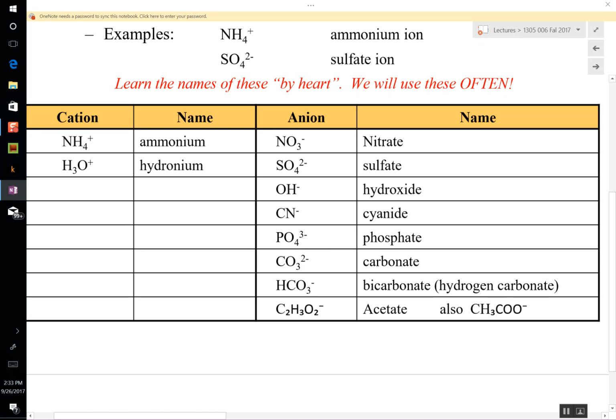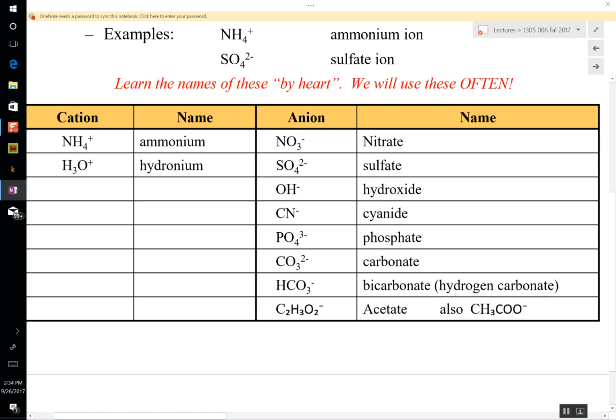So that is the correct formula for aluminum phosphate, AlPO4. We want to get it down to the lowest, the simplest ratio of positive and negative ions. I put calcium acetate up here because we kind of ignore this one too much. Acetate.